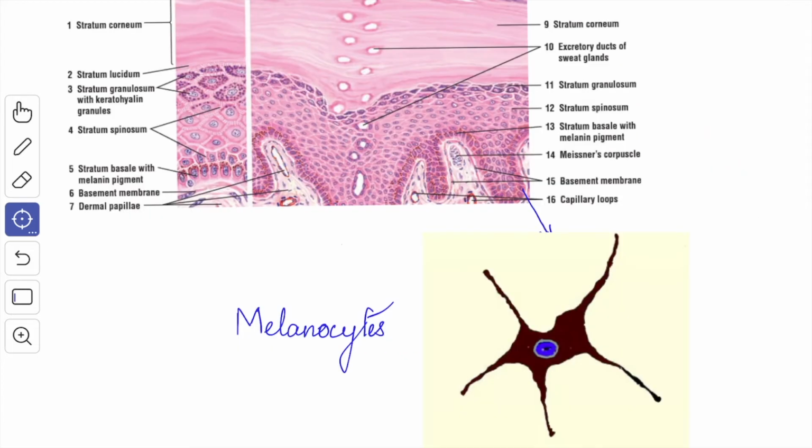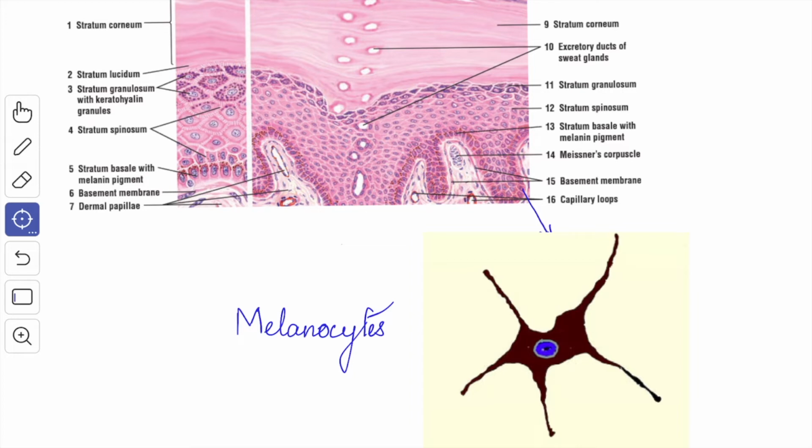Next we'll see about the melanocyte. The melanocytes are derived from the melanoblasts that arise from the neural crest. These cells are responsible for melanin. They may be present among the cells of the germinative zone or at the junction of the epidermis and the dermis.